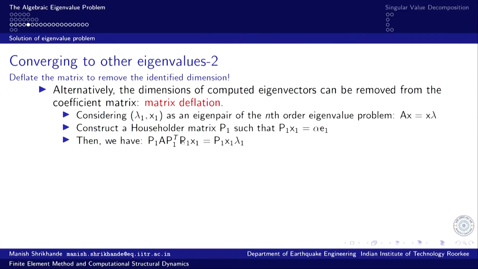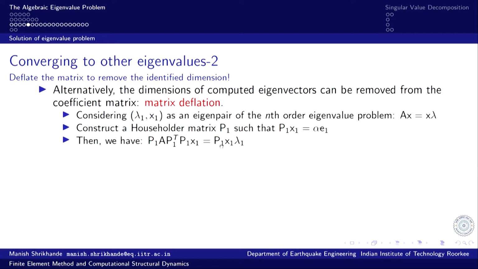P 1 transpose P is essentially the identity matrix. All that we have done is premultiply both sides by P 1. So P 1 A x is equal to P 1 x lambda, and in between we have P 1 transpose P, which is the identity matrix. P 1 A P 1 transpose is of course a similarity transform, because P 1 and P 1 transpose are inverses of each other, and therefore the eigenvalues do not change.